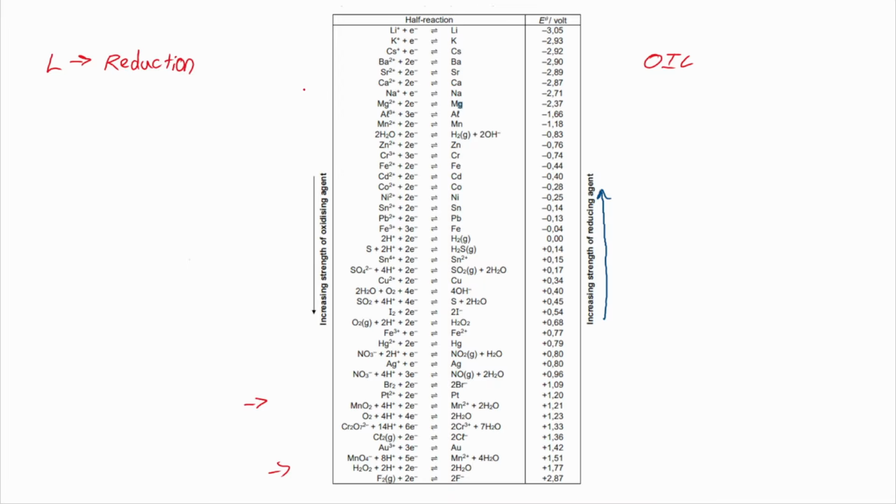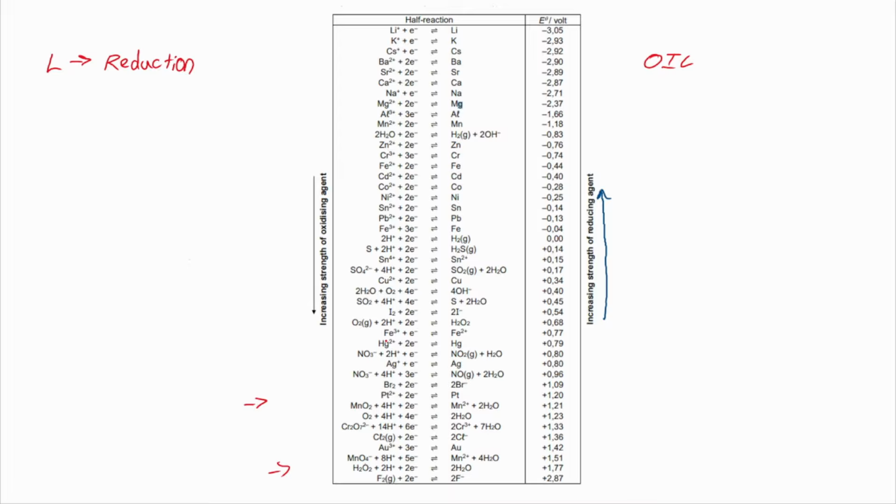So again, we're looking on this side because here's the strength of oxidizing agents. At the top here, not very strong oxidizing agents, but at the bottom, strong oxidizing agents. So let's work from the bottom up. Here it's H2O2, not what we have. Let's keep going.